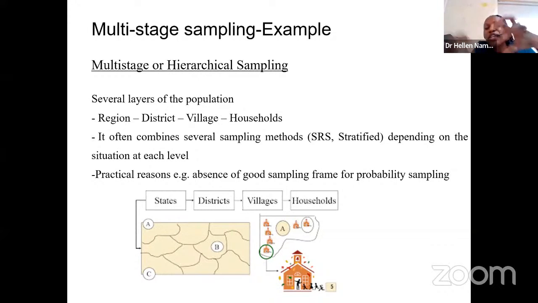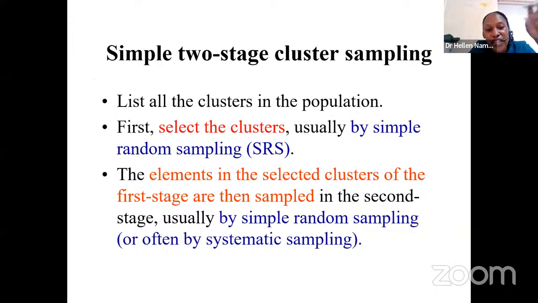But in case you sample still within these groups or clusters that you've chosen earlier, then you'll be looking at simple two-stage cluster sampling. So with stratifying, you're looking at layers or partitions within a particular group, whereas with cluster sampling, you're considering a particular group to be a cluster.